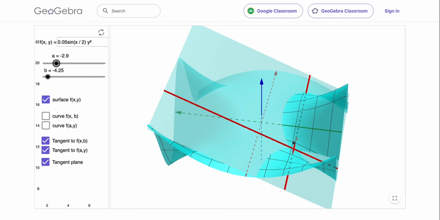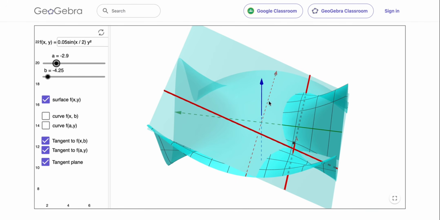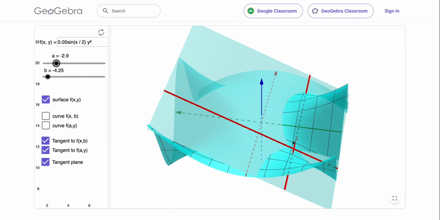You notice how in this diagram there are two tangent lines. The first tangent line is with respect to x, and the second tangent line is with respect to y. And we know how to find these tangent lines. We use linear approximation. If you remember from single variable calculus, we can say that delta y, a tiny change in y, is caused by the slope in the x direction multiplied by that tiny change in x.